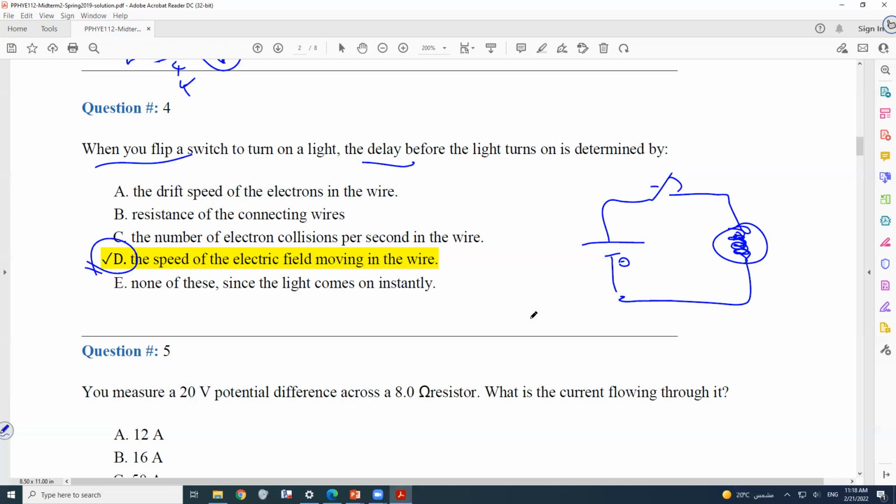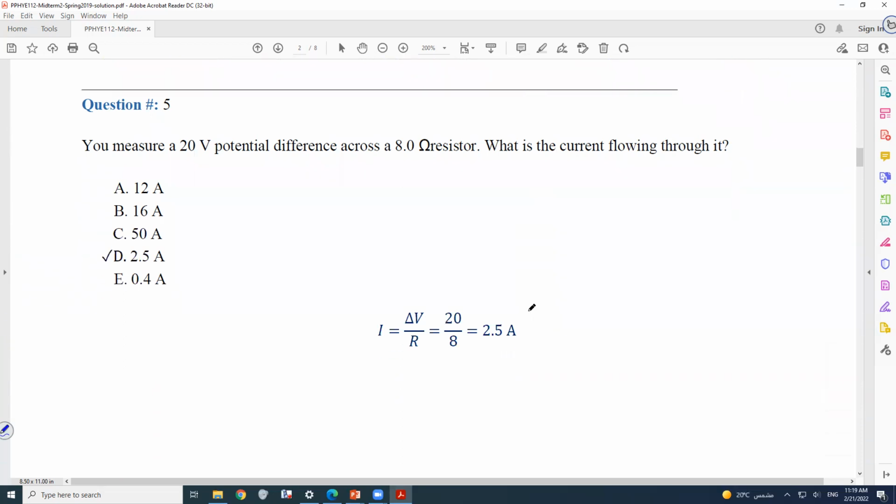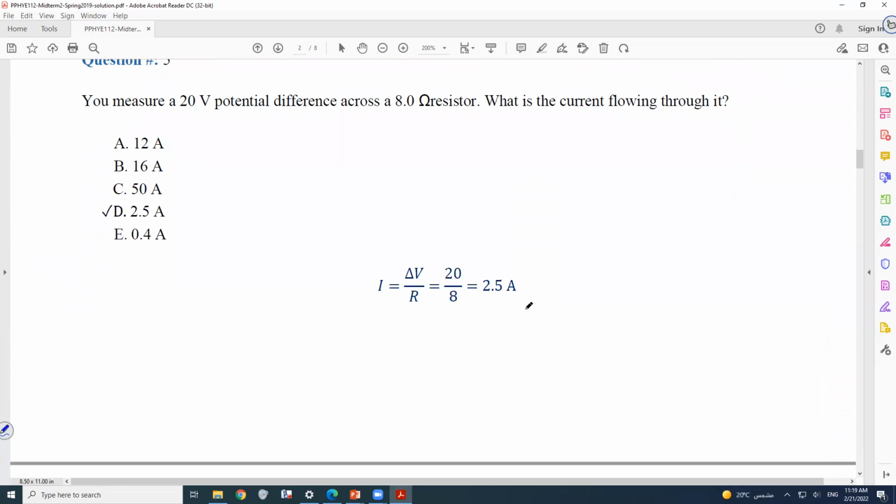The delay is due to what? Due to the electric field to come from the battery to the bulb. So actually we feel that there is no delay at all. So now you understand why, because of the huge velocity of the electric field.